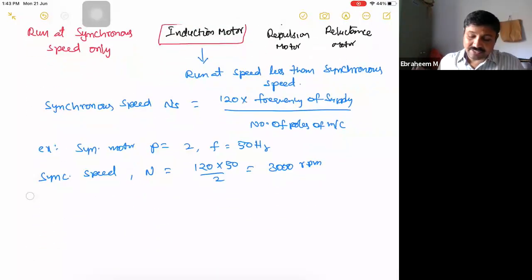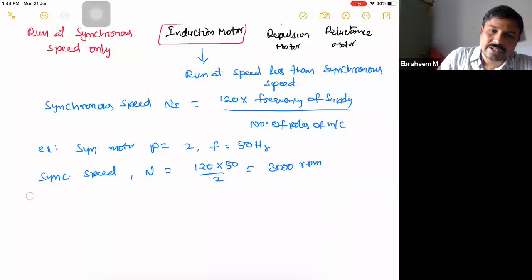So if it is an induction motor, it will run at a speed less than 3000 RPM. It can never reach 3000 RPM. But it has found numerous applications in industries.